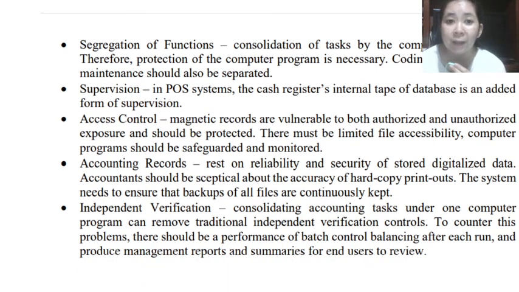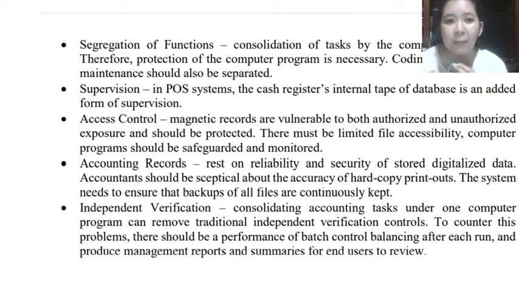Accounting records, of course, rest on the reliability and security of stored digitalized data, so we need to ensure the backups of all the files are continually kept. So it should be monitored and checked, of course, because a transaction that goes through in electronic form will automatically update our accounting records as well.